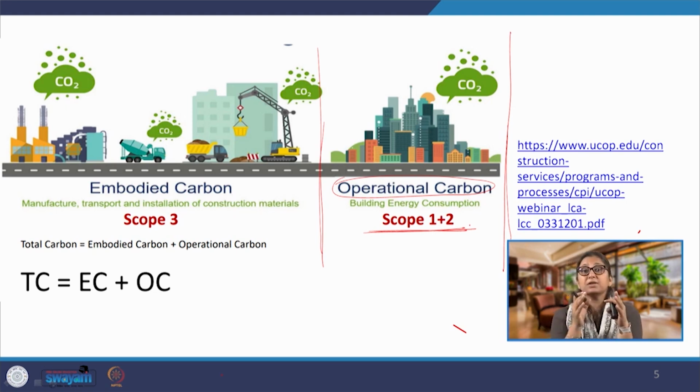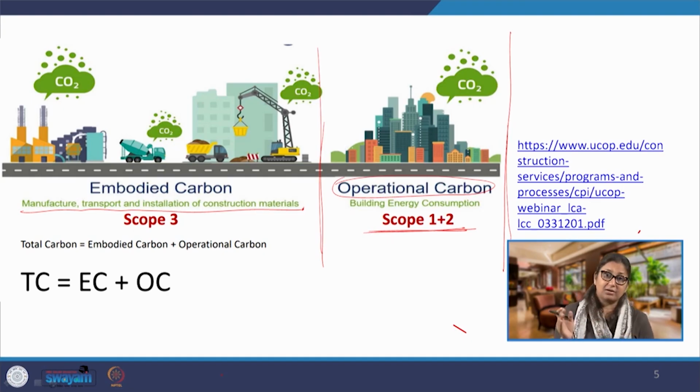A lot of emissions are going to be there due to the processes of manufacturing and also processes of construction. So, all this manufacturing, transportation and installation of construction materials and construction of buildings itself, there is a lot of energy that is going in and a lot of emissions are taking place.